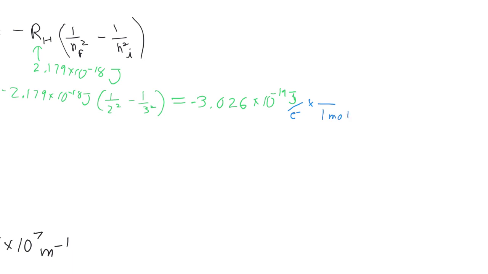We want it per mole, so we're going to place moles on the bottom and electrons where they'll cancel out. We know that there are 6.022 times 10 to the 23rd electrons in 1 mole of electrons. Then we have joules. We want to place joules where they cancel out, and we want kilojoules. Multiply everything on top, divide through by everything on the bottom.